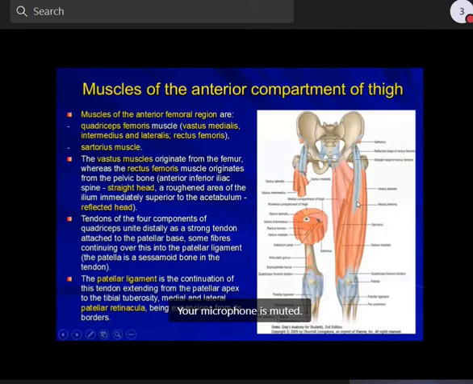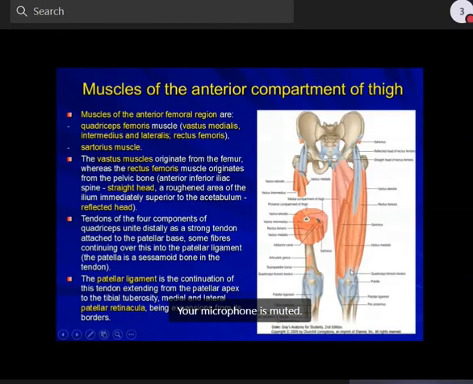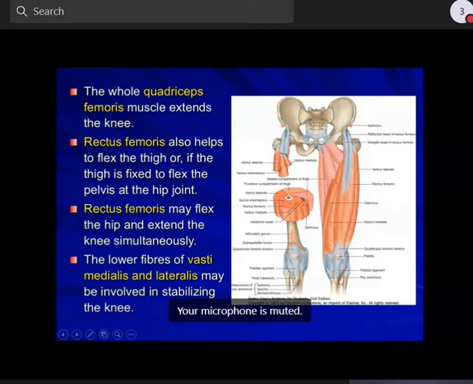Three vasti muscles: medial, intermedius, and lateral, that have a deep proximal aponeurosis and deep distal aponeurosis. Most of their fibers end in the common tendon, finally inserting onto the tibial tuberosity.